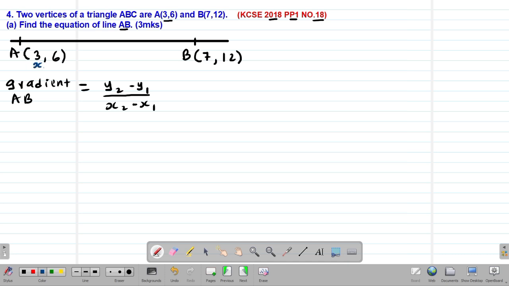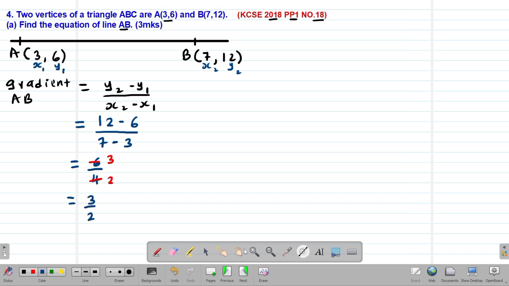If I let this be x1 and y1, and this x2 and y2, then substituting, the gradient is 12 minus 6, divided by 7 minus 3. This gives 6 over 4. If I divide through by 2, the gradient of the line AB is 3/2.